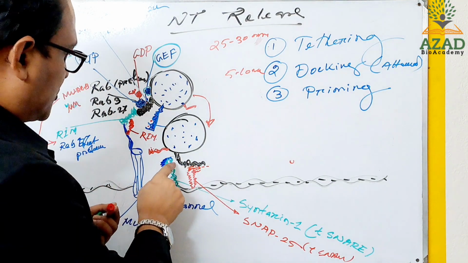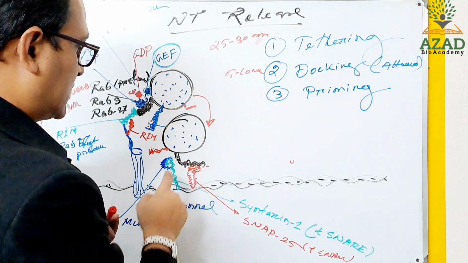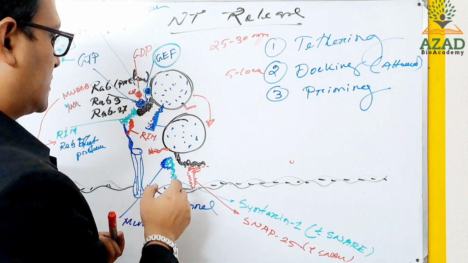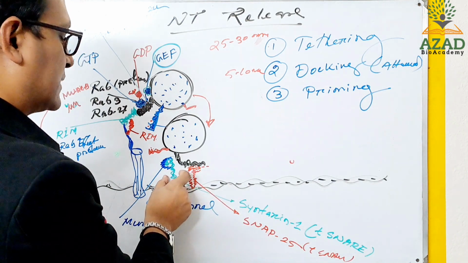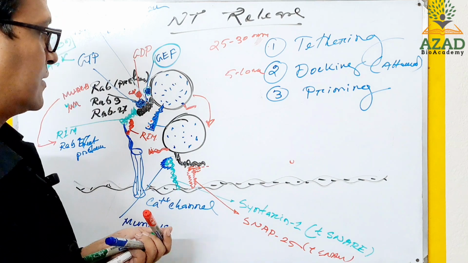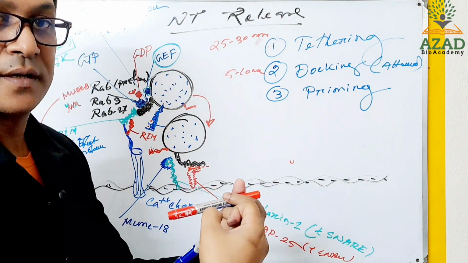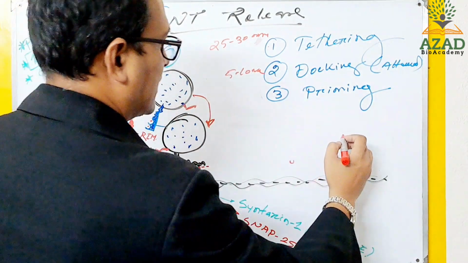These three SNARE proteins, one single helical synaptobrevin, double helical SNAP25, and one helix, that is syntaxin, will make a cross complex, like a coiled bundle. Like these are just positioned in that way.